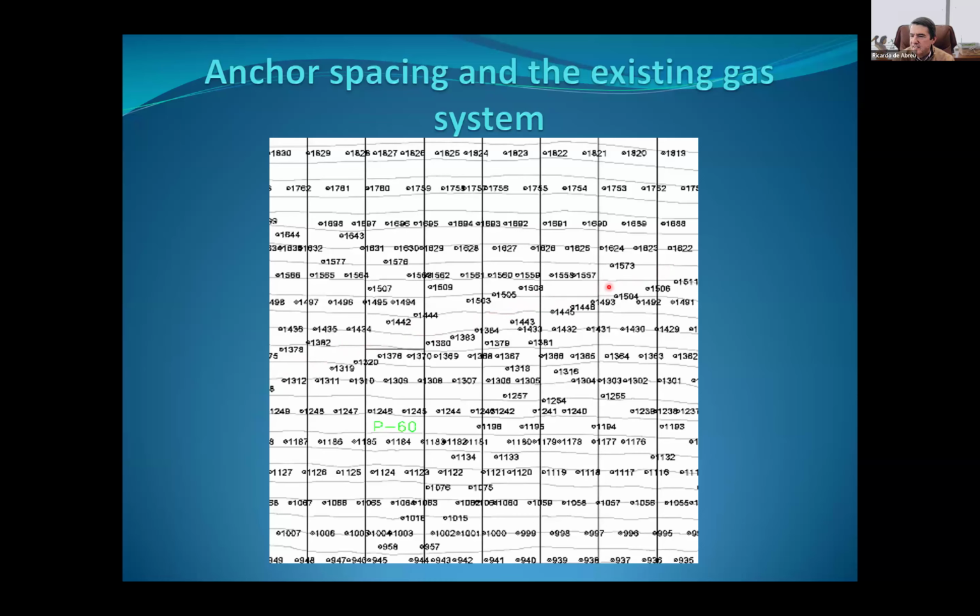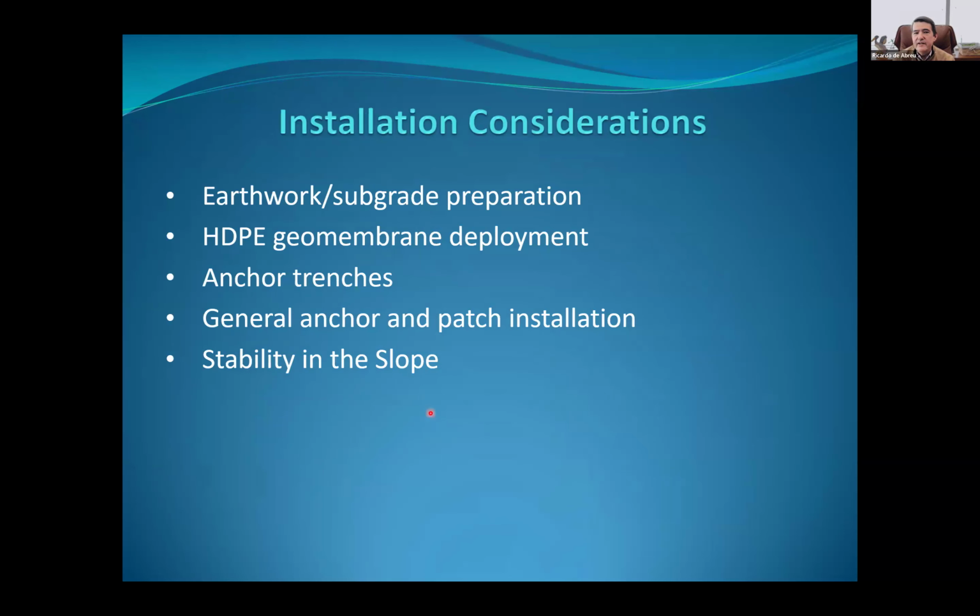This is a gas system pipe location. You have the same here, and the same here. So you have to work around it. And I have to be very proud that we didn't puncture one. I mean, that was fantastic. 6,000 anchors, and we didn't have any problems with any of that. To me, I couldn't believe it.